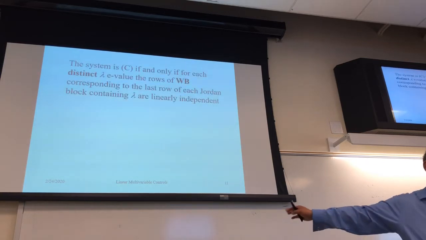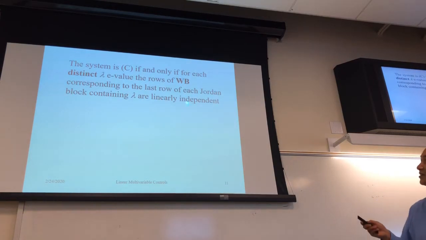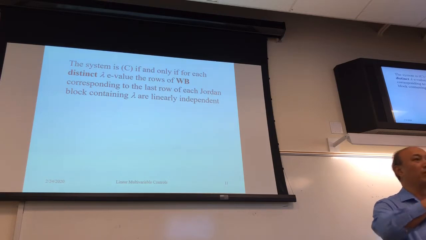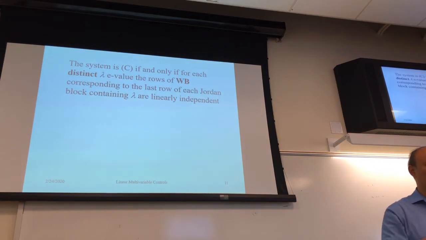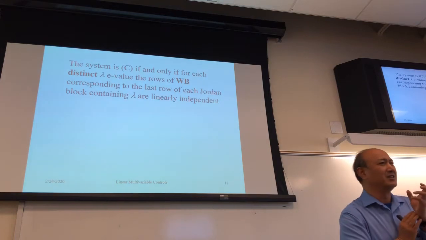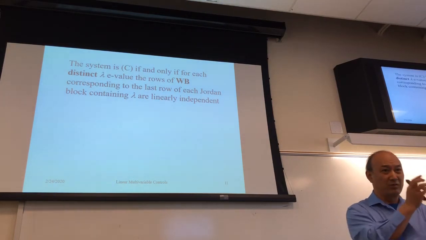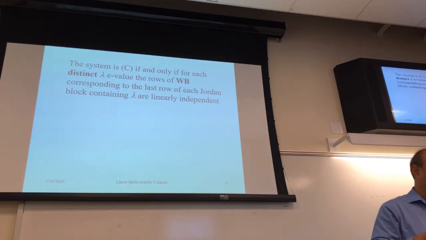Here it is a little bit different, in the sense that for any distinct lambda, you have a multiplicity, okay? You have repeating. But that multiplicity also contains geometric multiplicity. Algebraic multiplicity is just how many of them. Geometric multiplicity is how many Jordan blocks. Make sense?